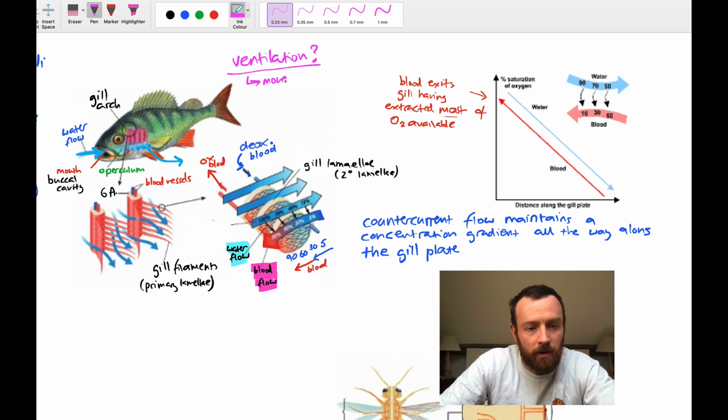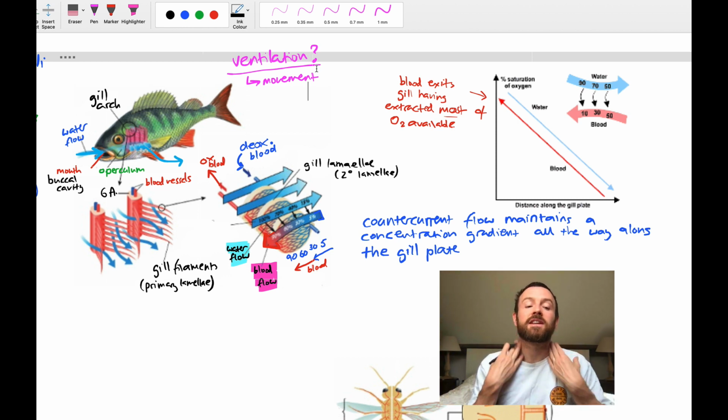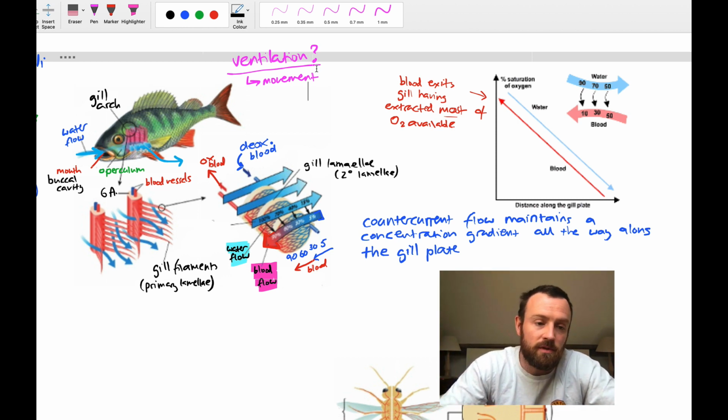Number one, movement. When fish are swimming forwards, they have their mouth open. Water flows through their mouth and out their gill slits, and that just moves water across the gills. Some fish, mainly sharks, can only do this.